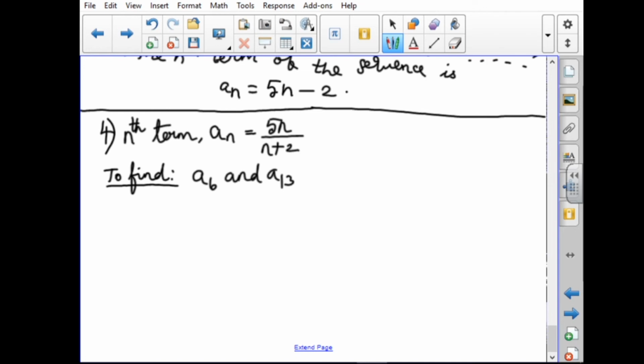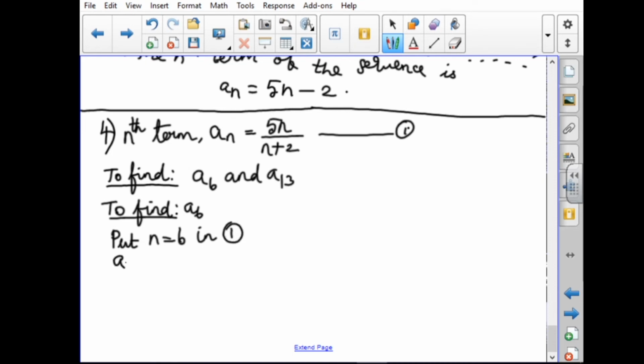So to find a6, first take the given formula as 1 and put n equal to 6 in 1.